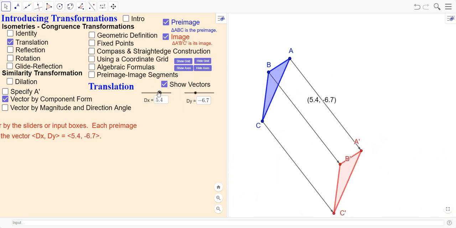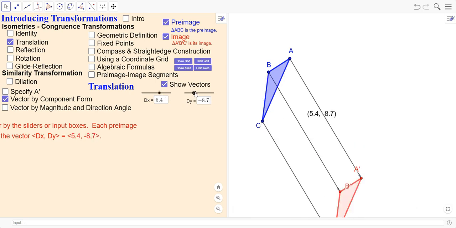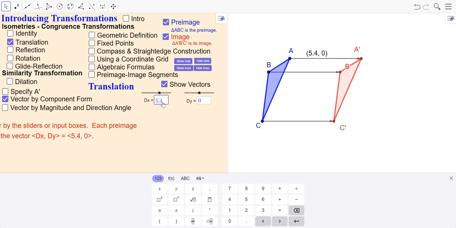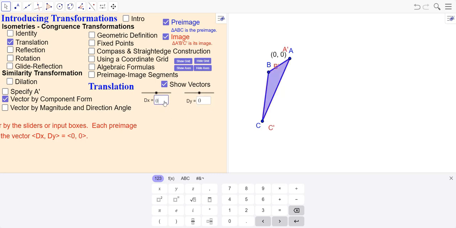This one controls the horizontal shift, and this one controls the vertical. I can also just put in a number here. Now, if you have the zero vector, where we don't move it at all, we don't really call that a translation. That's the identity transformation.